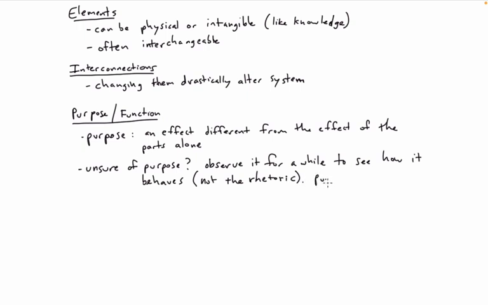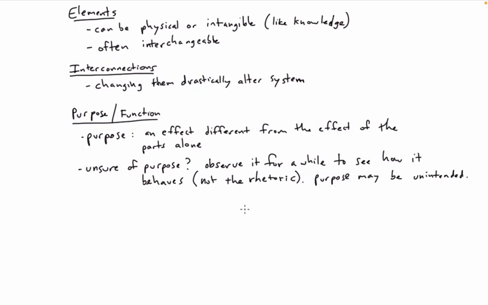The purpose may be unintended. So I might have good intentions, but things might go awry. So that would indicate that the way the system is set up, the system does what the system does.